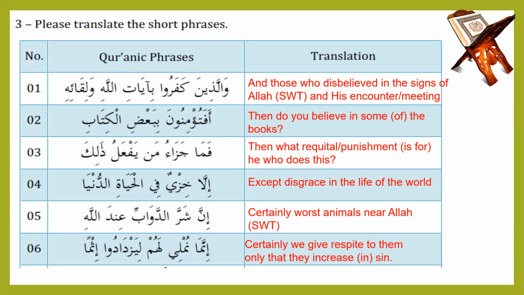But the translation would change, right, if I say the evil of the animals versus the worst of the animals? Among all the animals, the one whose evil is highest is that person. But the better translation is worst. The better translation is certainly the worst animals near Allah subhanahu wa ta'ala.